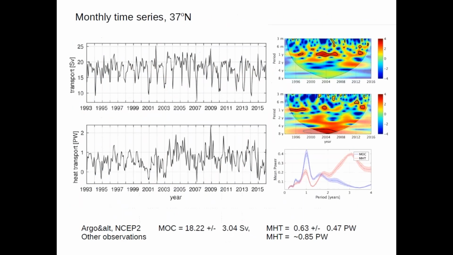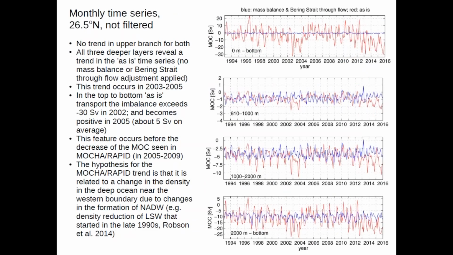Claudia, can you go back to your plot, the one below 2,000 meters? Why does the transport have large time variability there? The red one is without mass balance? The red one has no mass balance, yes. Because your reference velocity is a time mean, at maximum you would have a seasonal cycle.